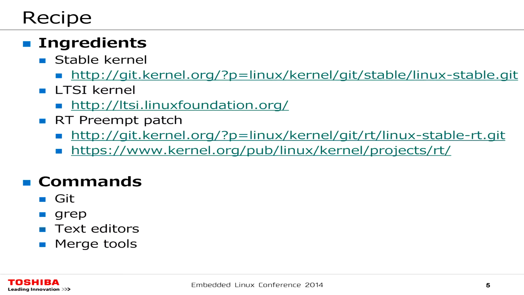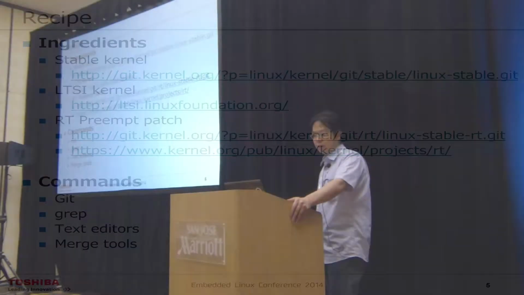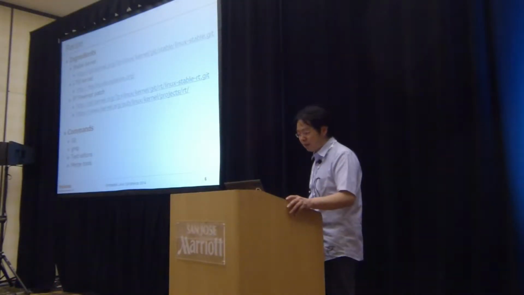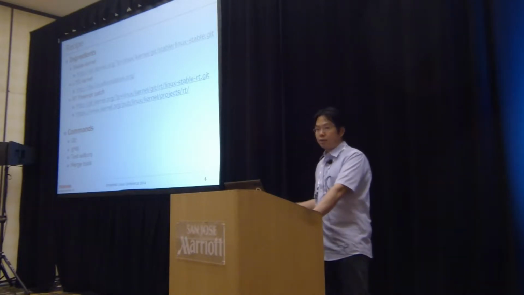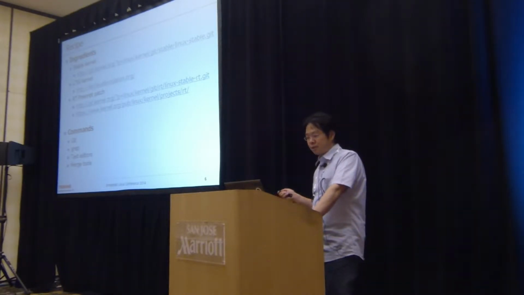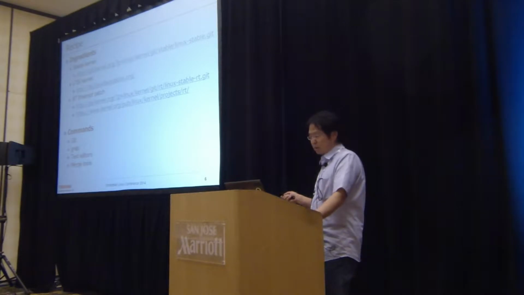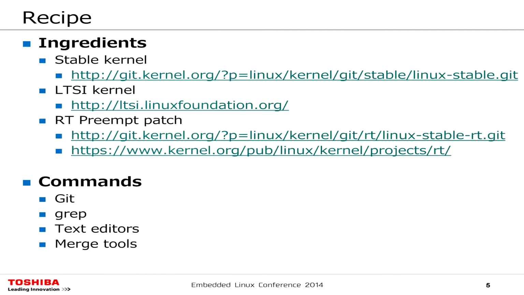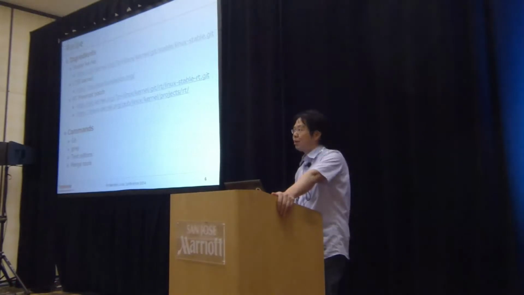These source trees are needed to make the LTSI-RT kernels. To create the LTSI-RT kernels, we usually use such commands. There are not many, but if you know a much better way, please let me know.